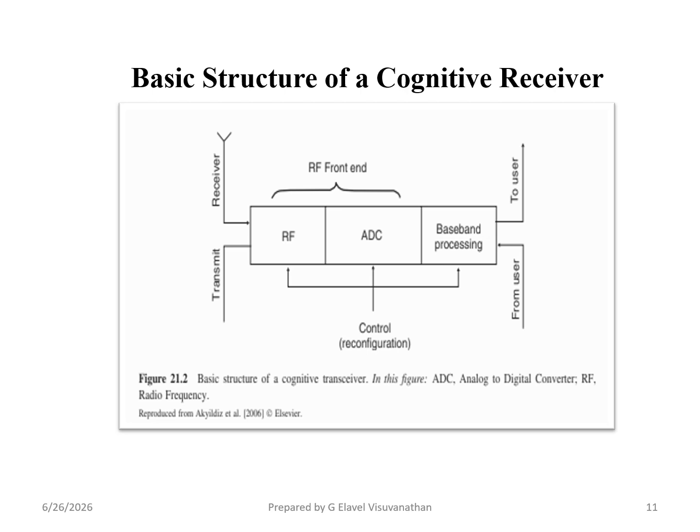Both RF and ADC form the RF front end, that is the radio frequency front end, which consists of two things: RF and the ADC, analog to digital converter. So this is the basic structure of a cognitive radio: RF, ADC, then baseband processing.